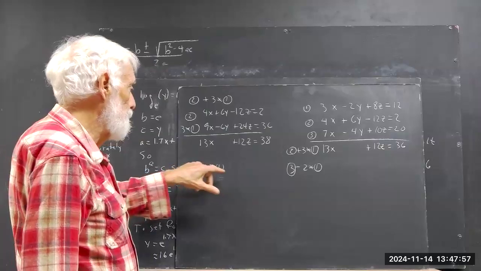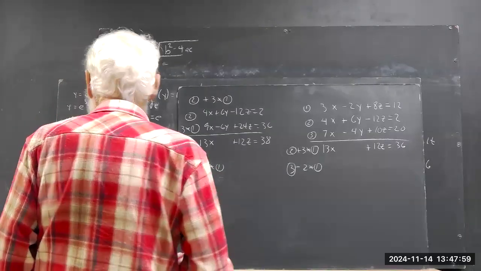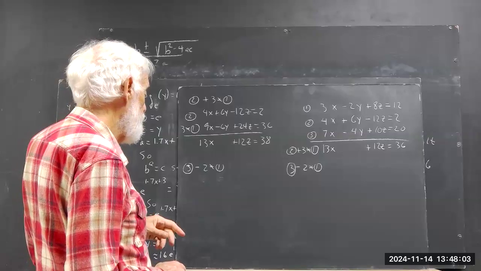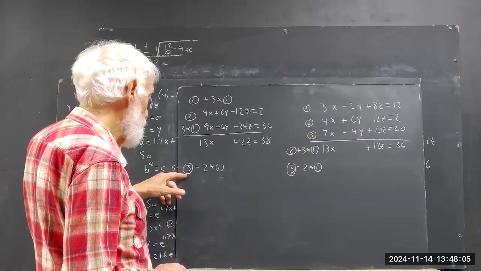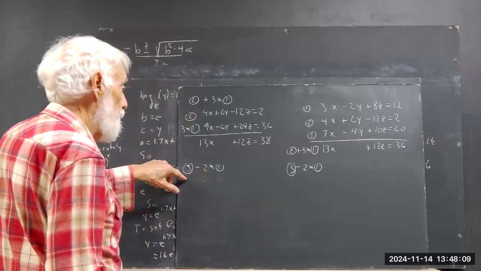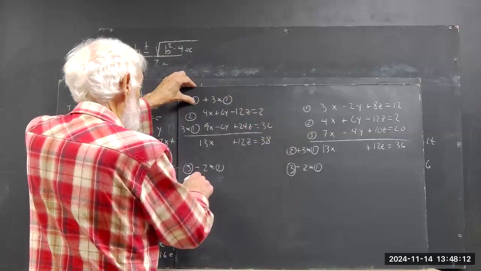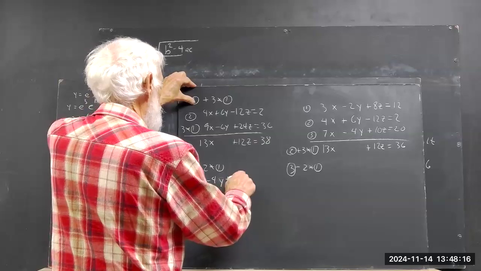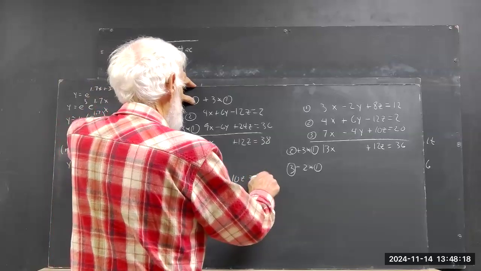Okay, then equation 3 minus 2 times equation 1. So equation 3, we write out 7x minus 4y plus 10z equals 20.